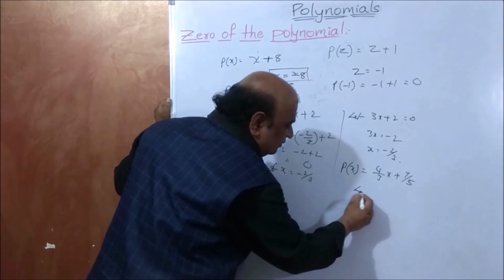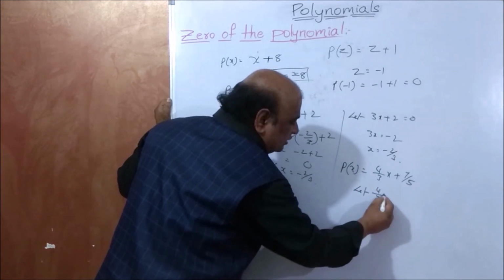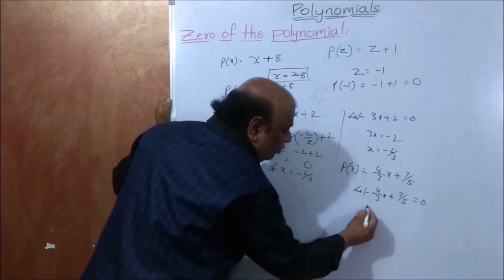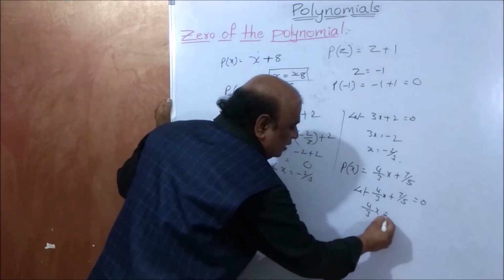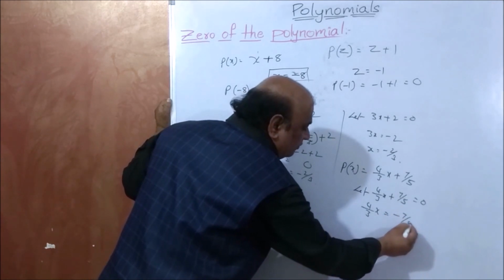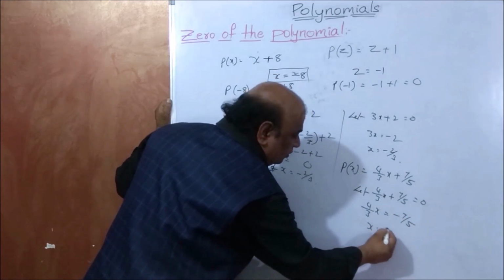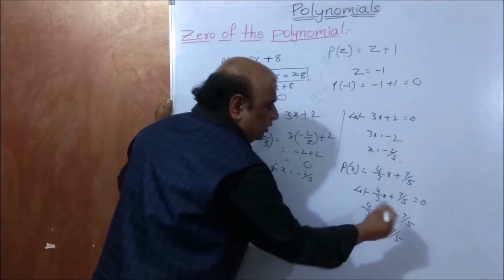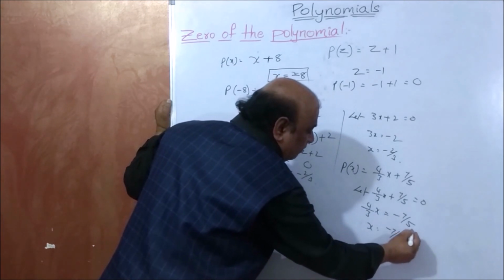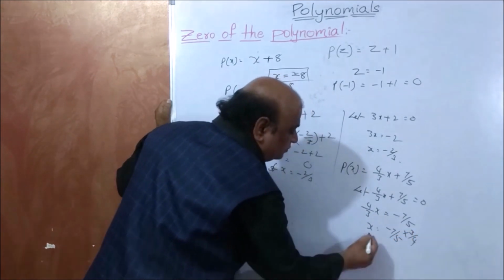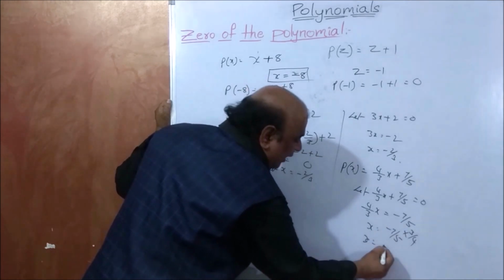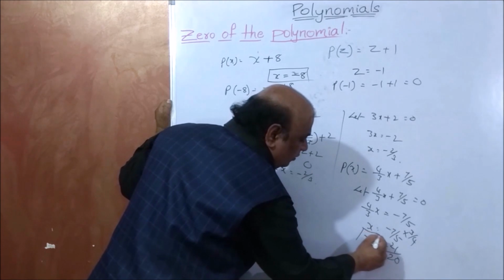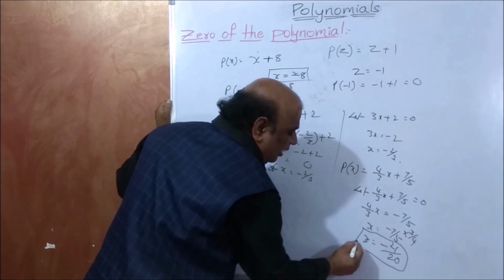Let 4 by 3x plus 7 by 5 is equal to 0. 4 by 3x is equal to minus 7 by 5. So x is equal to minus 7 by 5 times the reciprocal, 3 by 4. X is equal to minus 21 by 20.